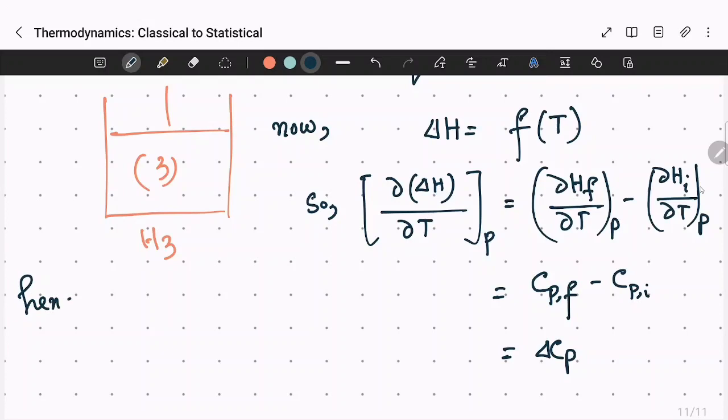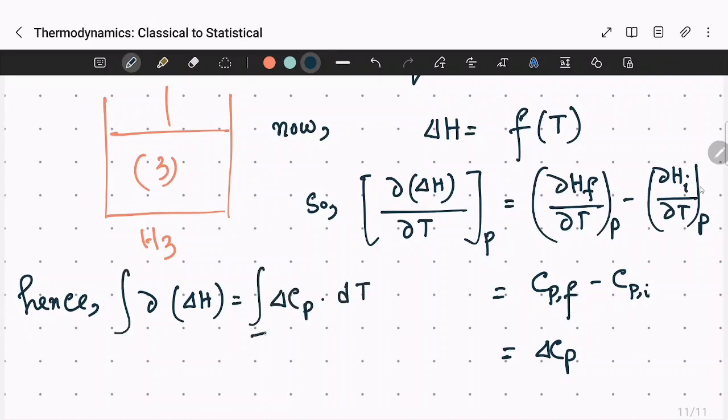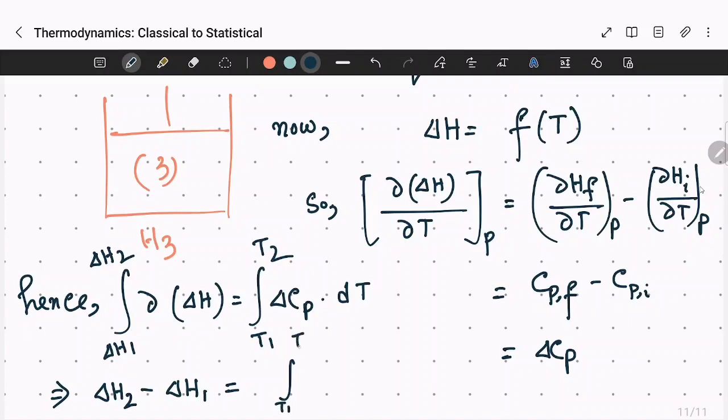Hence, what can we write? Del of delta H equals del Cp dT. Just take the integration from T1 to T2, it will be del H1 to del H2. So you can write del H2 minus del H1 is the integral of del Cp dT. This is the second Kirchhoff equation. So there are basically two Kirchhoff equations.